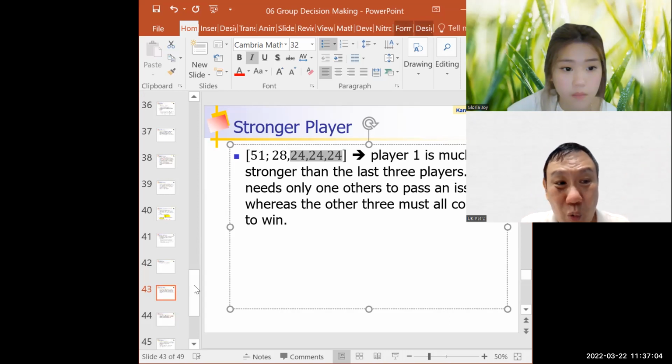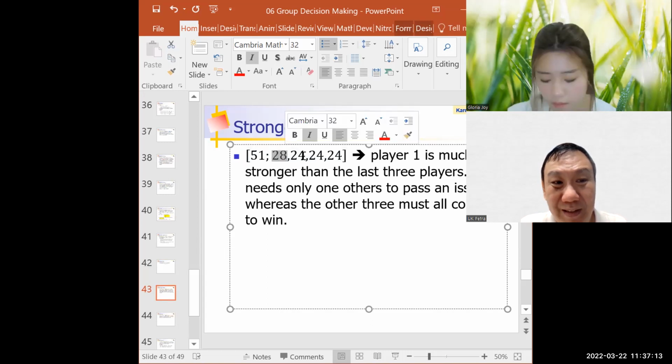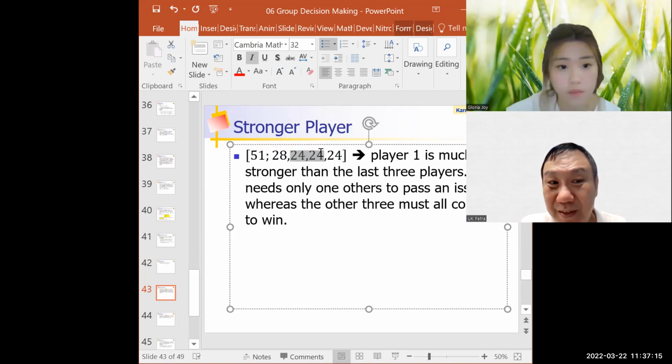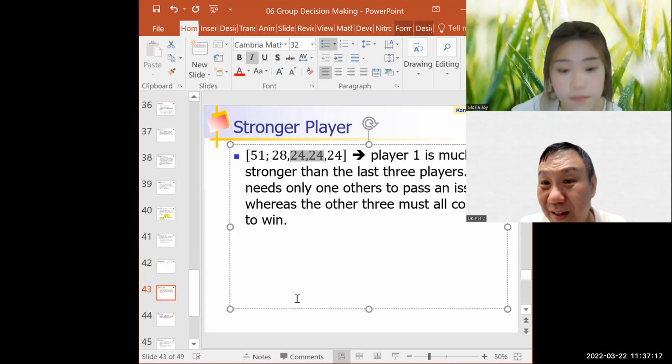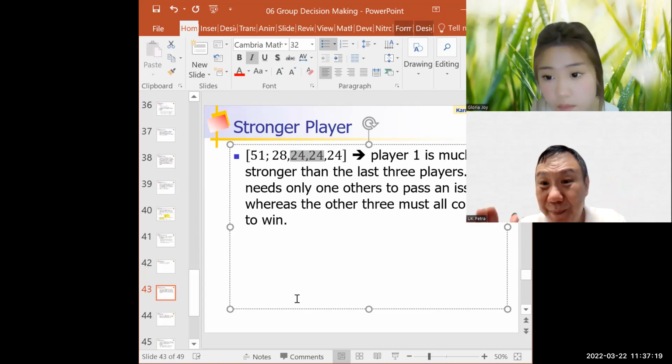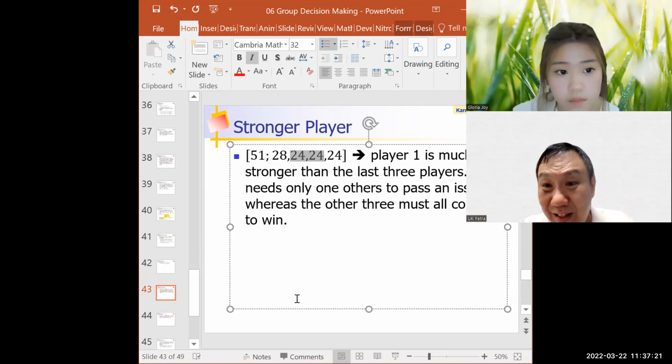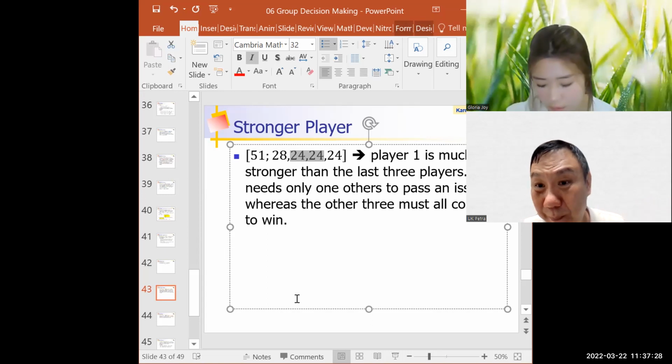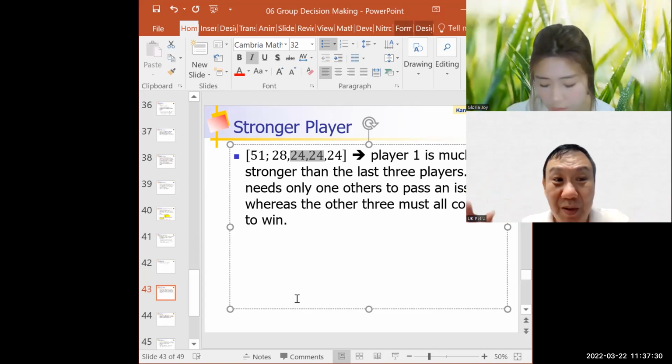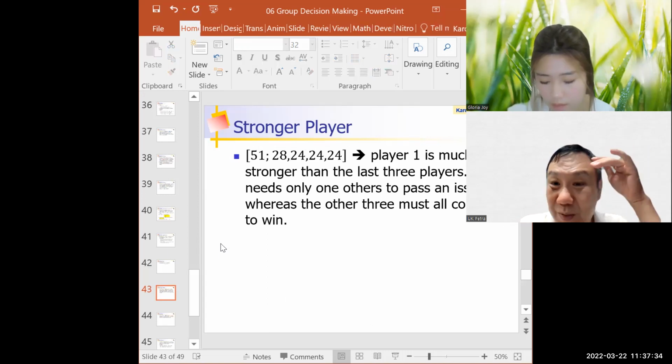If only 2 join a coalition, they still cannot win. Can you see that or not? If 2 players with 24 weight join a coalition, the threshold is 51, so they still cannot win. They need to have 3 to win the vote. Do you understand this one?